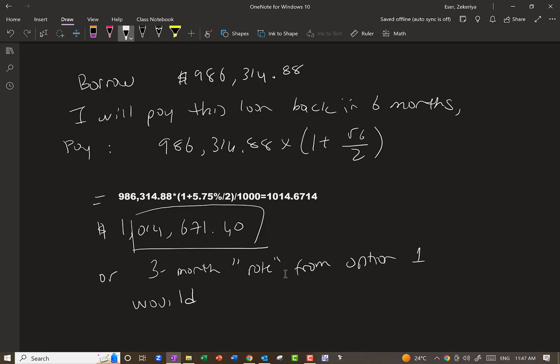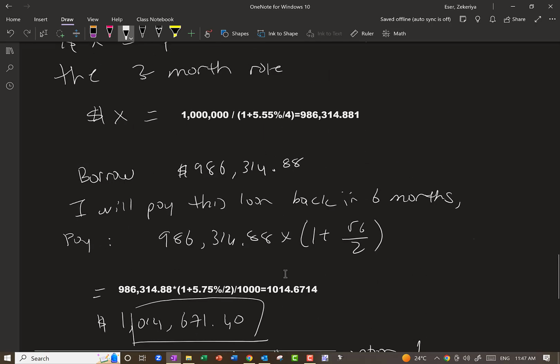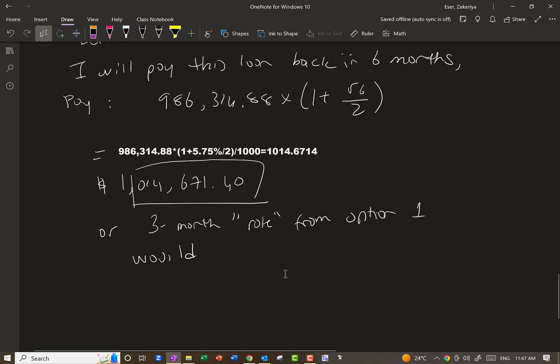Okay, I did something that's going to get me the $1 million 3 months from now. So on top of that 1 million that I'm going to pay back, I also paid 14,671 in interest. So I'm concerned about the interest just for that portion.